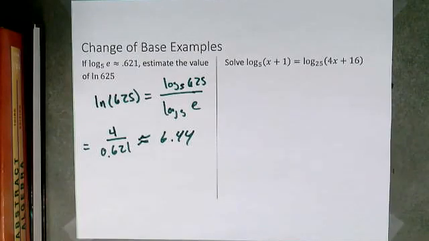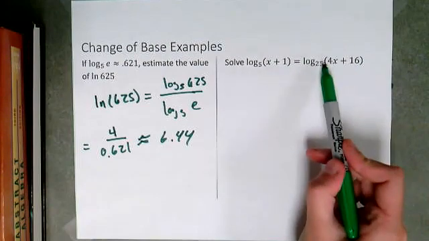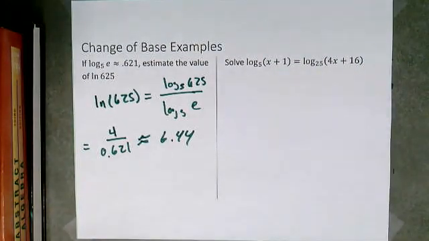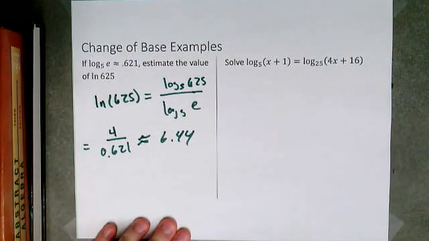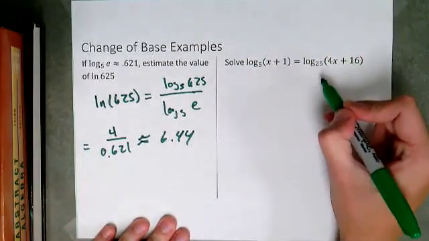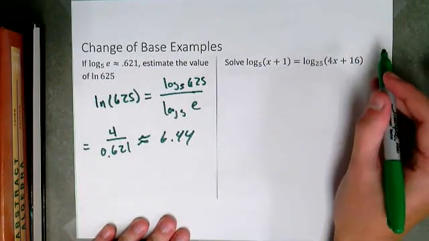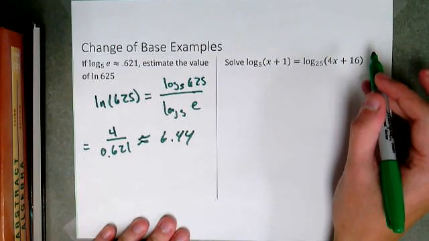So now let's look at this example and try and solve for x. In the process, we're going to have to do some change of base because we have log base 5 over here and log base 25. Usually, if they're the same base, then we can just equate both sides, which would be nice. So let us change log base 25 of 4x plus 16 into log base 5.